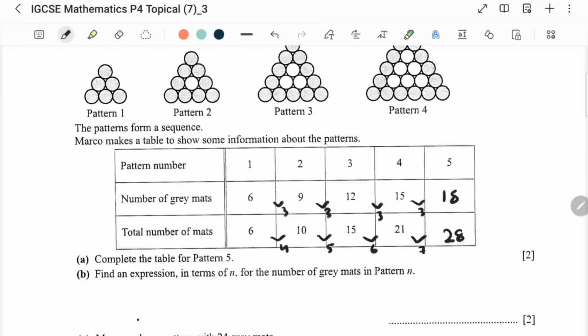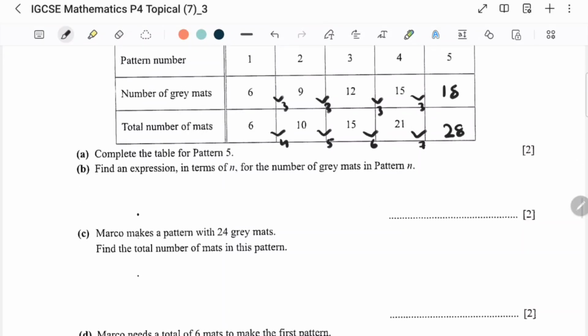Complete the pattern. 5 we have done. Find an expression in terms of n for the gray mats in n. So gray mats is this line, your difference is 3 and a is 6. The first term 6 plus 3(n minus 1), 6 plus 3n minus 3, 3n plus 3.